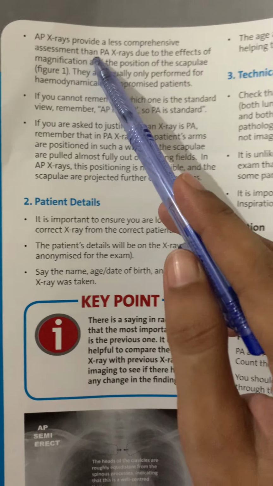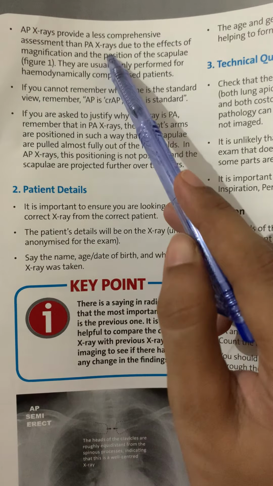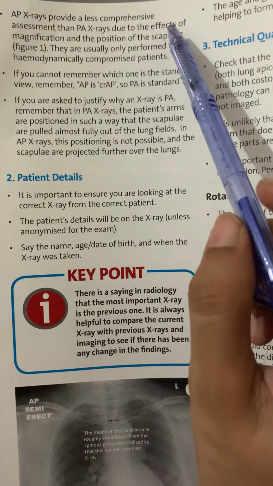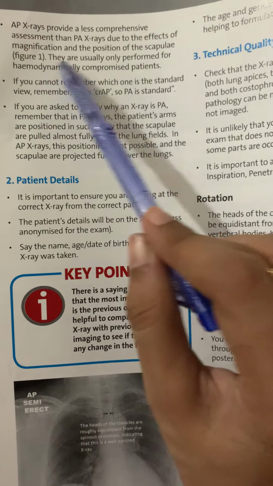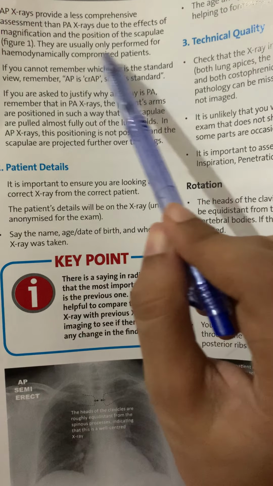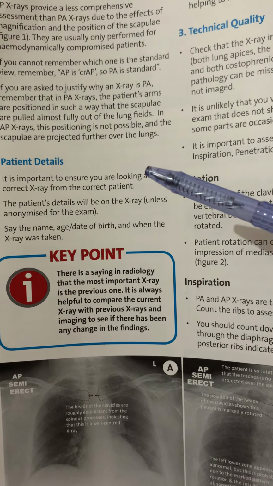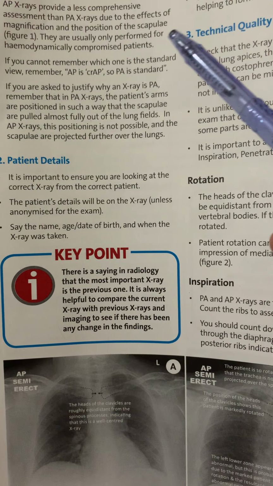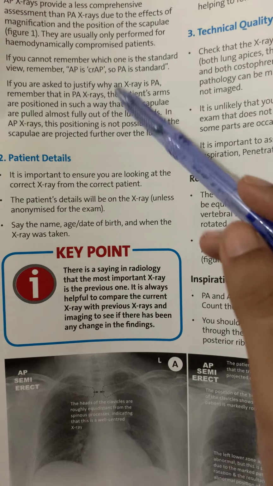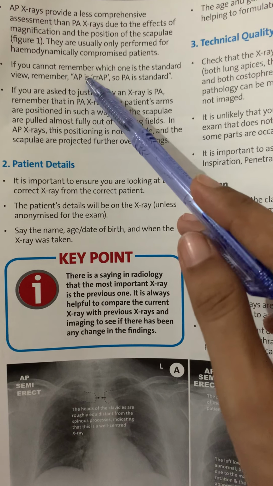AP X-rays provide a less comprehensive assessment than PA X-rays due to the effects of magnification and the position of the scapula, and they are usually only performed for hemodynamically compromised patients and those patients who cannot sit or stand due to ill health.